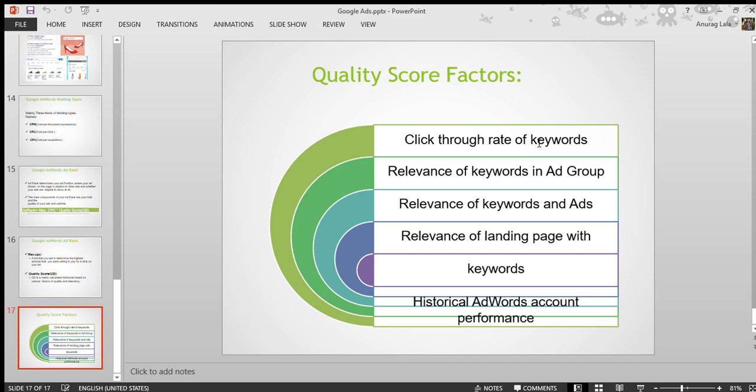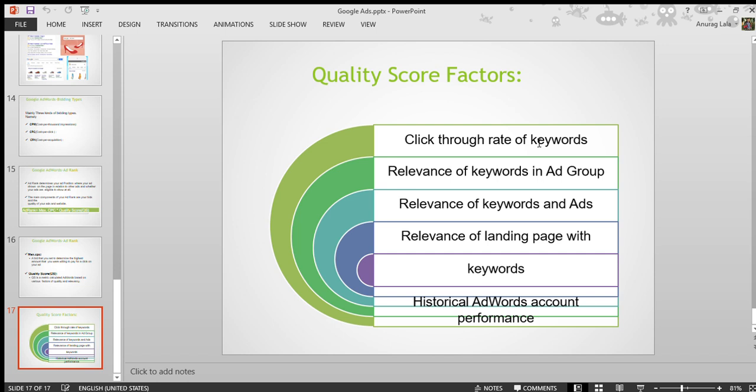Suppose you are selling a laptop and you are giving ads with keywords like buy smartphones. That is completely opposite, and in that case your quality score will suffer. So the keywords must be relevant to a particular product, and the product is obviously related to your ad group. Then relevance of keywords and ads, and relevance of landing pages with the keywords.